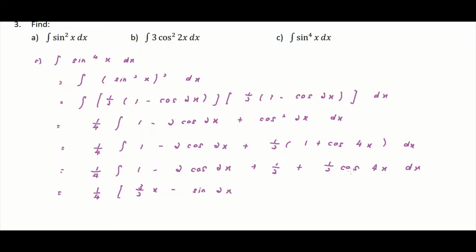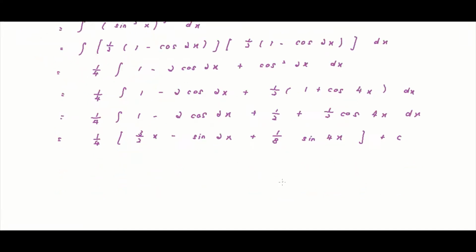For the 1 over 2 cos 4x, when you divide it, you have plus 1 over 8 sine 4x, and then plus c. So the same thing, let's expand it. So 3 over 8x minus 1 over 4 sine 2x plus 1 over 32 sine 4x plus c. So that's your answer for c.